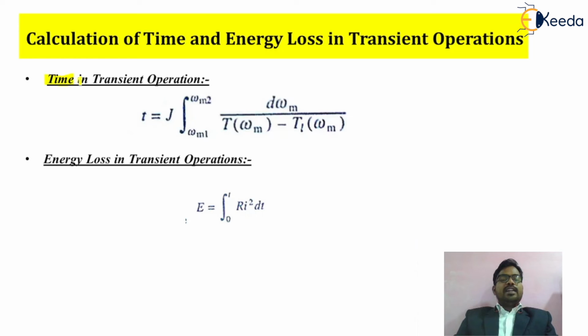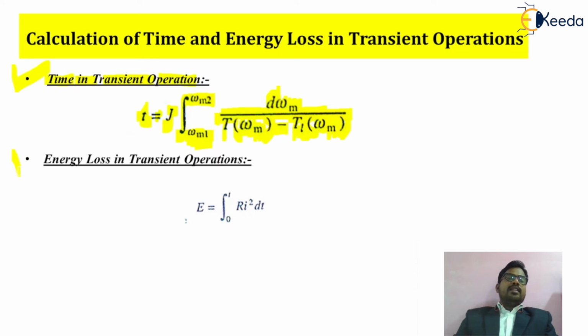The first formula, the time in transient state operation, is T equals J, the polar moment of inertia, times the integration from omega m1, the initial speed, to the final equilibrium speed of d omega m divided by the motor torque as a function of speed minus the load torque as a function of speed, that is TL of omega m, for the time in transient state operation.